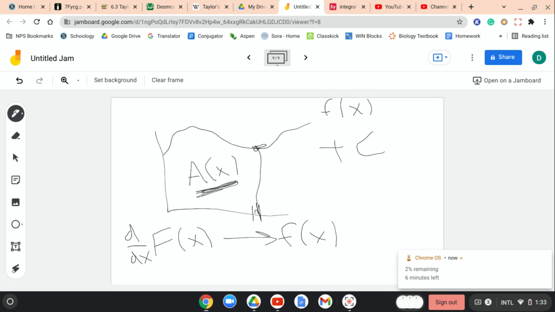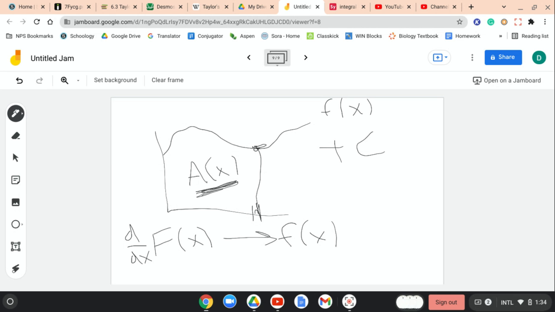The reason we add c is because when we differentiate a constant, it goes away. So when we find the antiderivative of a function, we have to add a c, because it could be any family of functions vertically translated that could be the antiderivative of that function.